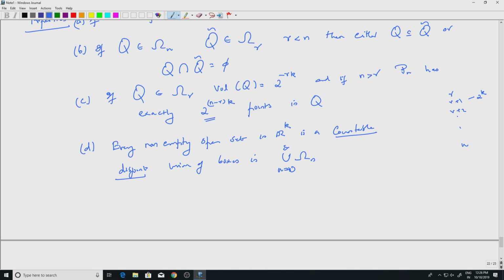So, that is pretty easy because we have done this before for writing an open set as a countable union. So, let us recall that part. Recall the proof of an open set being an almost disjoint union of closed cubes.